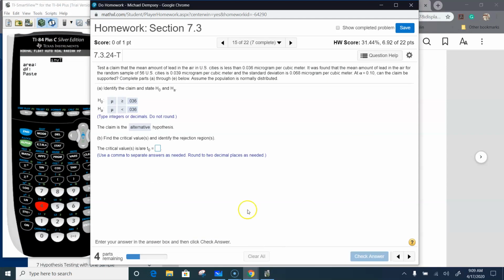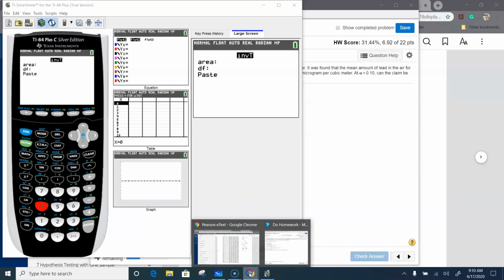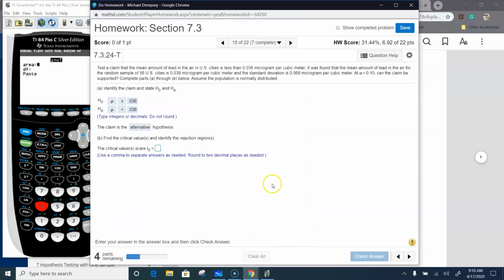And we want to think about this for a second here, right? This is a left tail test. It needs to be less than 0.036, so it's a left tail test. It's going to be negative. So the area for our critical value at 10% would be 10%.